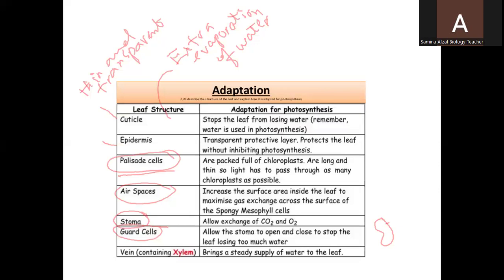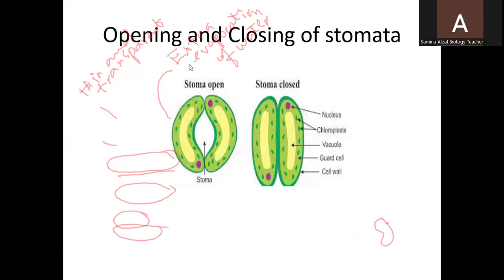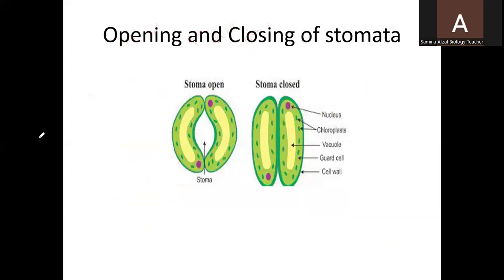Now we will move towards the opening and closing of stomata. First of all, we will discuss the structure of the stoma or guard cells. When guard cells are open, they are bean shaped, and we say that stomata are open.